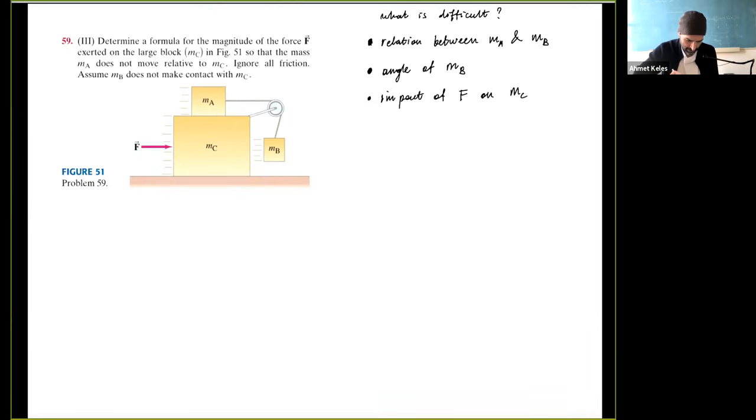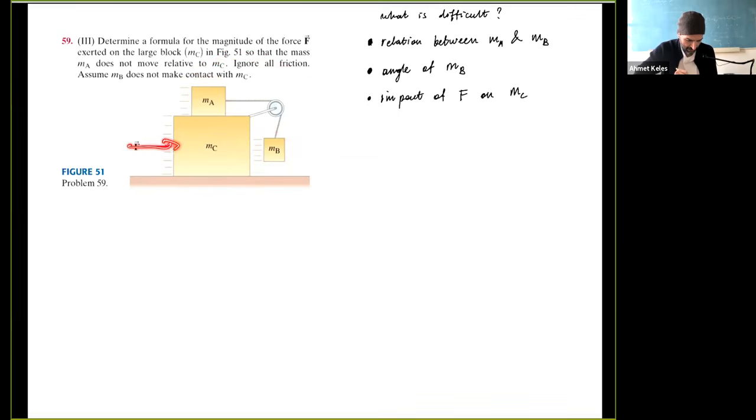First I look at F, and this F should push. If you were the one pushing, what is the total mass you should affect? Definitely MC, right? And MC should move, and the problem is MA should move and MB should move. Basically, this whole thing should move.